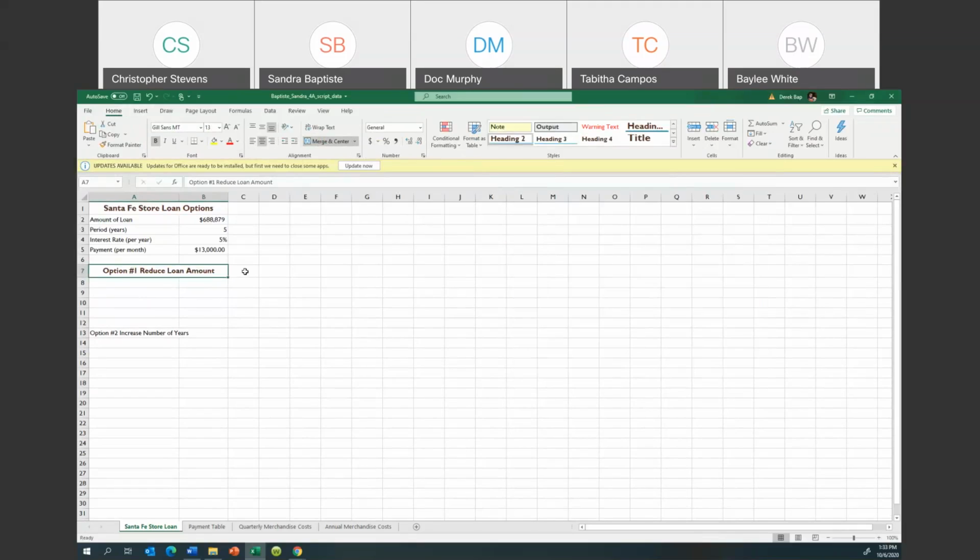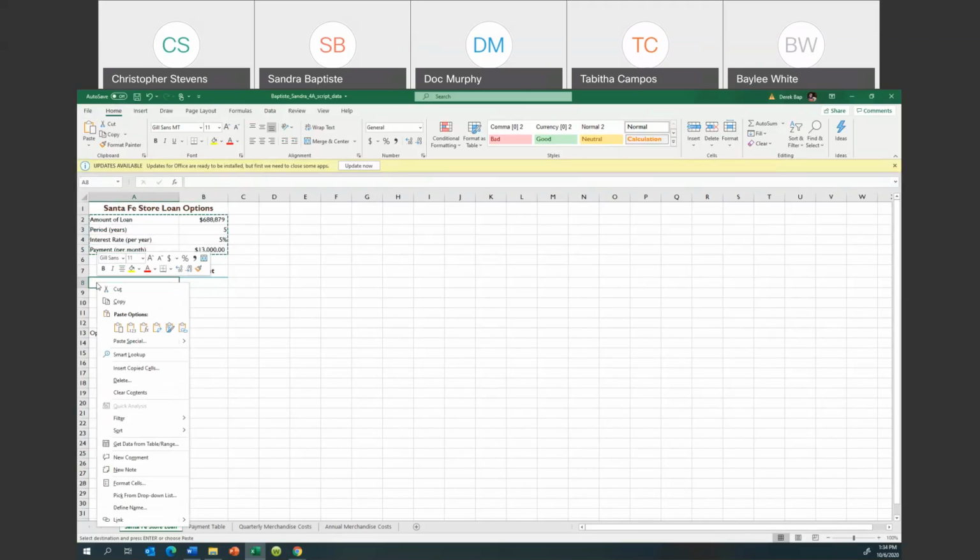All right. So what we're going to do is we're going to take the stuff that's in A2 to B5. So select A2 to B5. And we're going to copy it, and then we're going to paste it in A8.